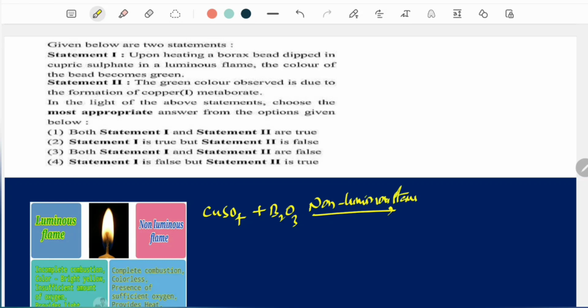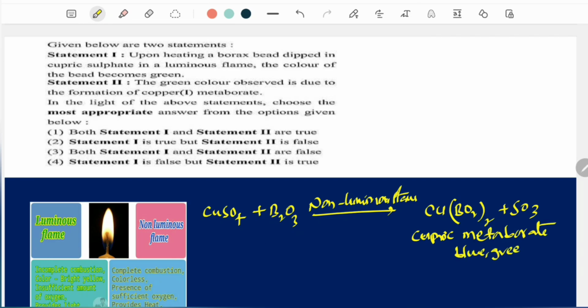Already I have given the definition of a non-luminous flame: complete combustion, colorless, with sufficient oxygen, providing heat. It gives cupric metaborate, Cu(BO2)2 plus SO3. The name of the compound is cupric metaborate, and its color will be blue-green.